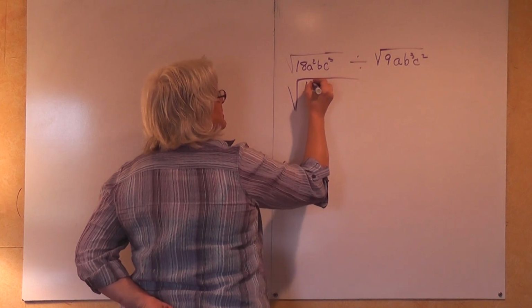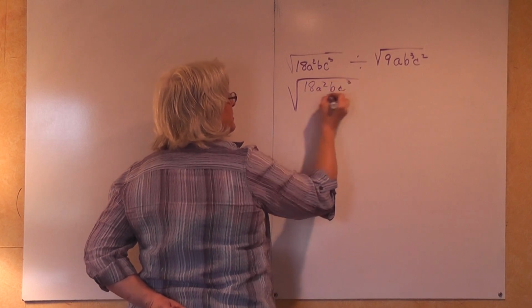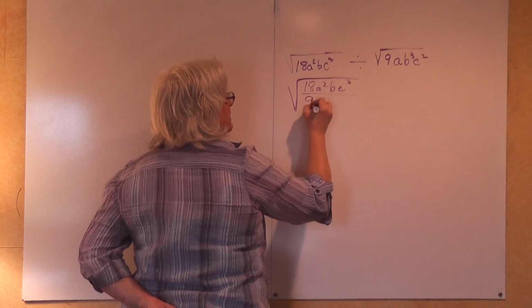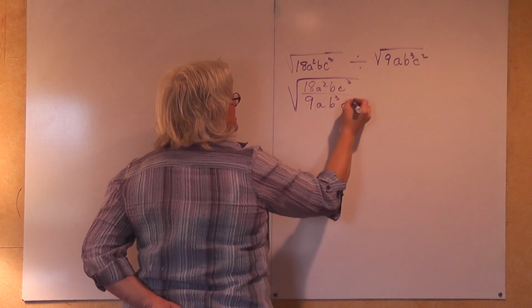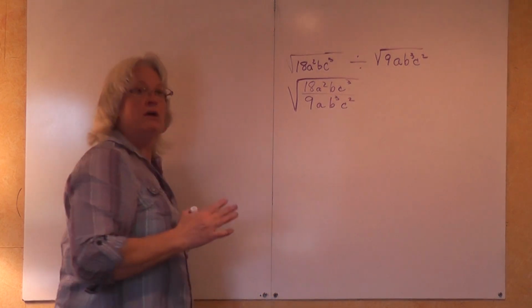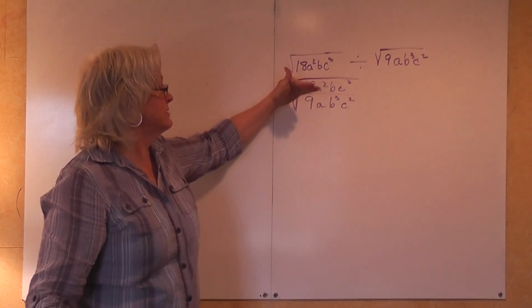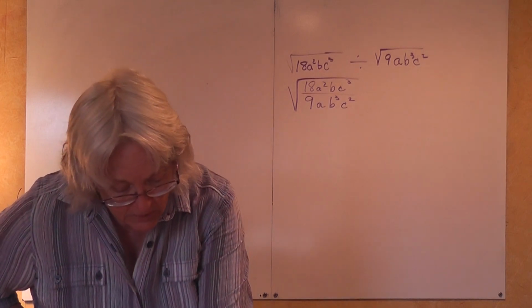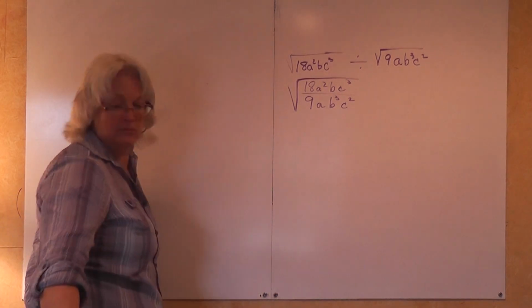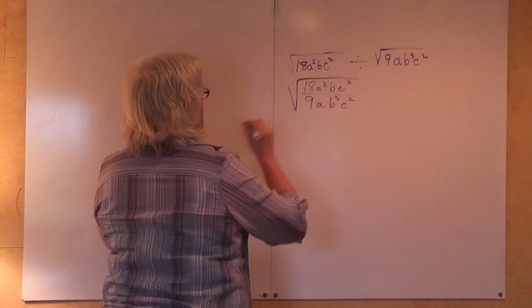18a squared b c cubed divided by 9a b cubed c squared. We want to make sure that we keep positive exponents. Okay? Let's go ahead and see how we can reduce this. We have a factor of 9 in common.